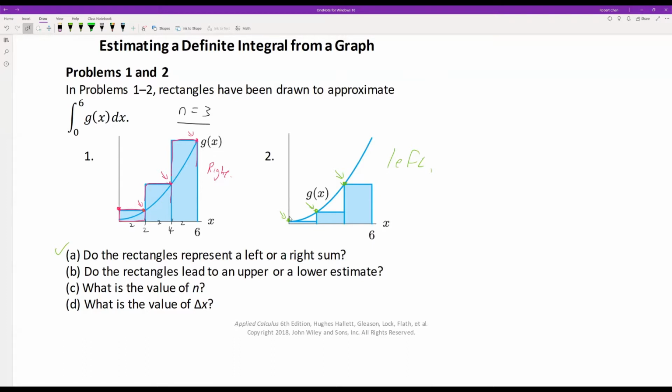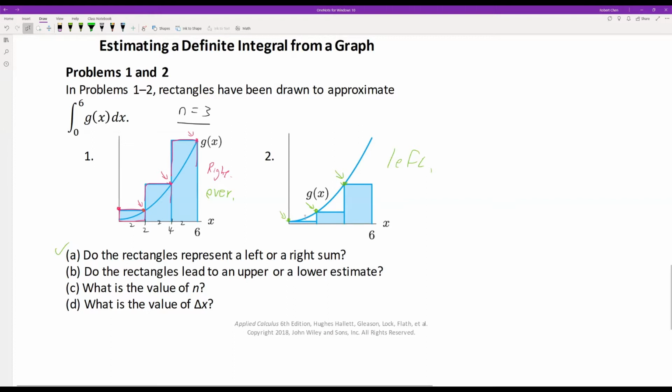Now, do the rectangles lead to an upper or lower estimate? Let's look at the first one. When we use the right-hand sum, notice that the rectangles are all higher than the actual function. So this will be an overestimate, because you have more area than the area under the curve. Whereas in the second part, notice that the rectangles are strictly below the graph.